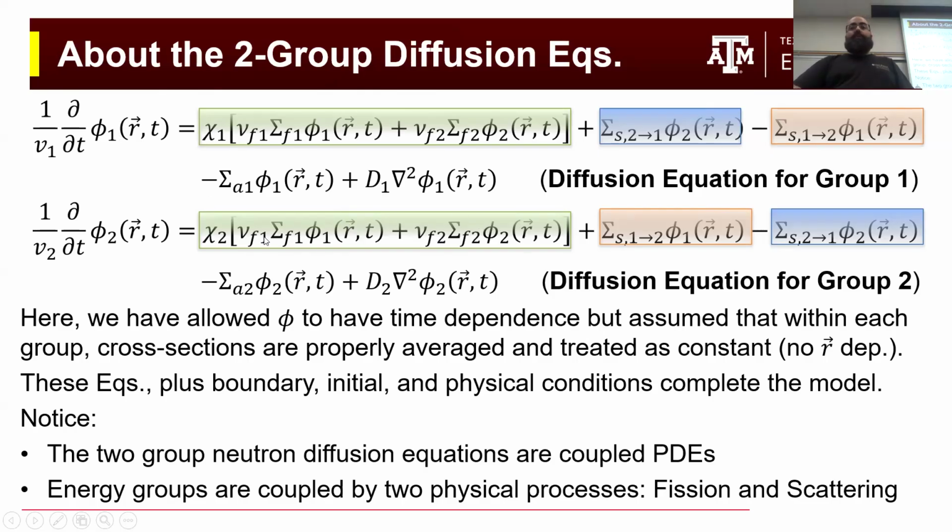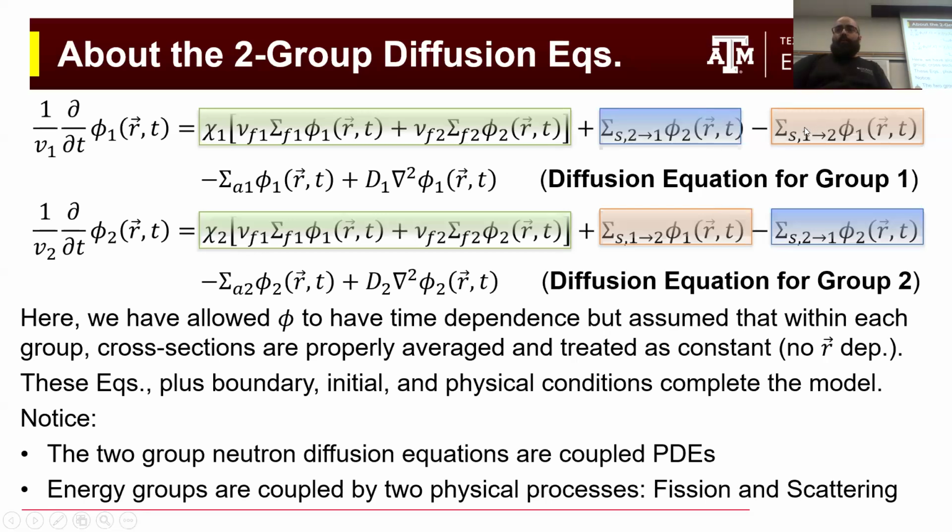Neutrons from group 1 and group 2 can participate in fission reactions to add neutrons into group 2 as well. And then my scattering reactions, they're equal and opposites in each equation. So if I'm looking at group 1, then I have gains into group 1 from group 2 neutrons scattering into group 1.